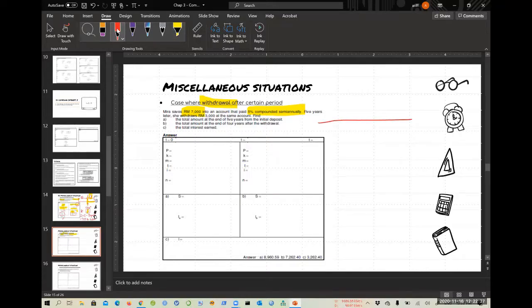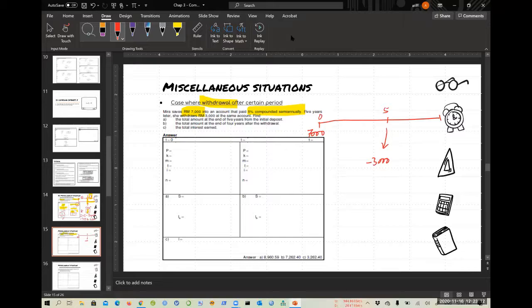So you have this area. You start with 7,000. So this is 7,000 at time 0. And then 5 years later, she withdraws 3,000. So here, this is 5. So over here, minus 3,000.